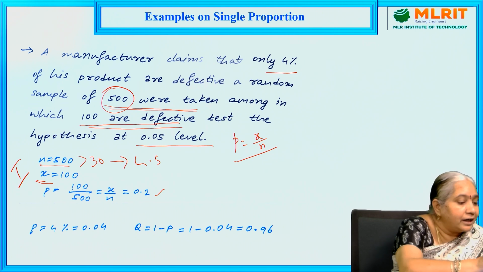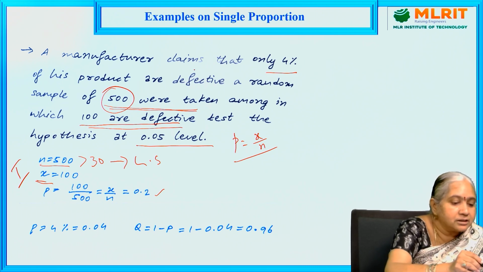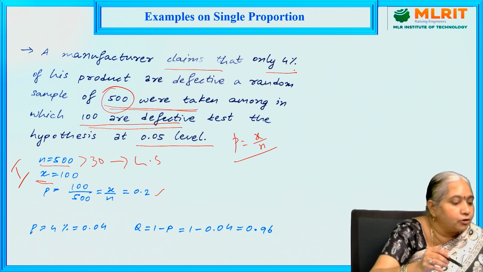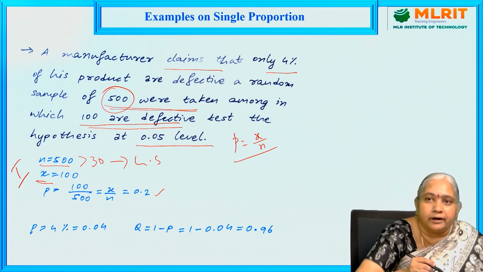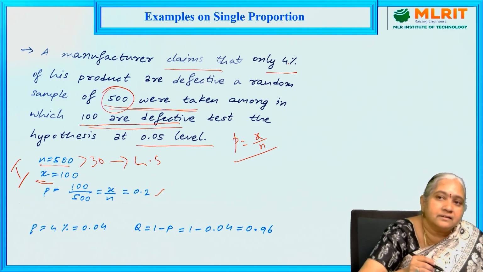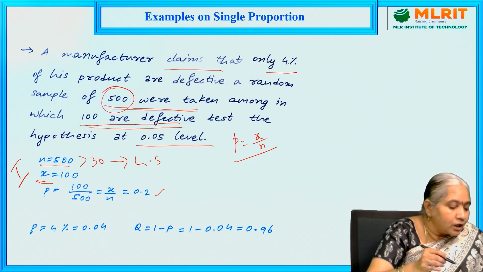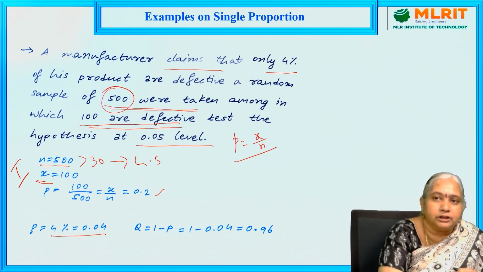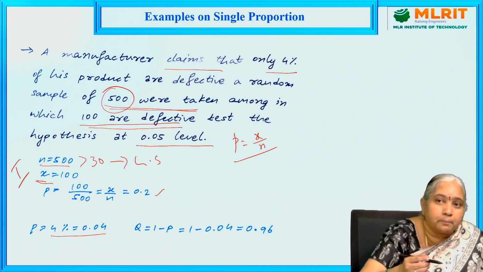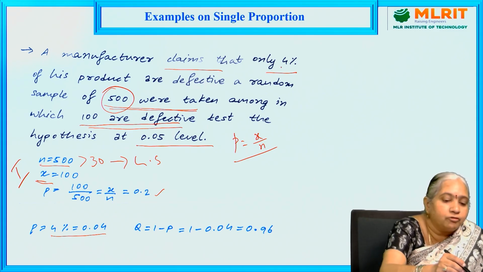And what the manufacturer claimed is that only 4% of his overall manufacturing product is defective. So that is his claim. 4% means 0.04. So here the population proportion is denoted by capital P, and which is claimed as 4%.